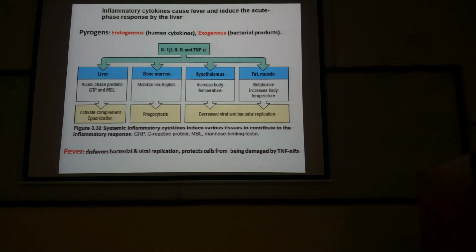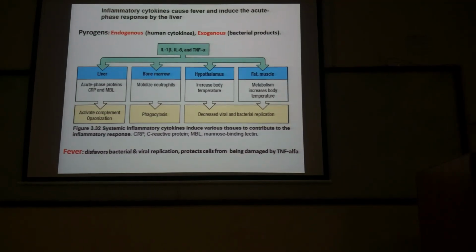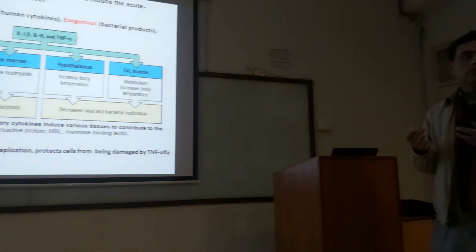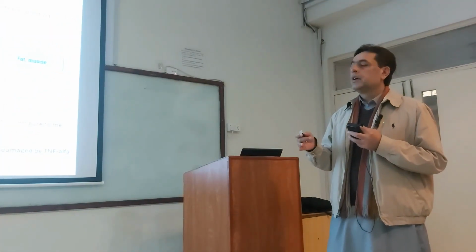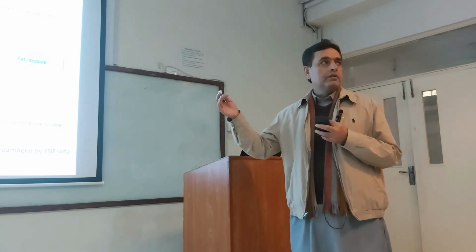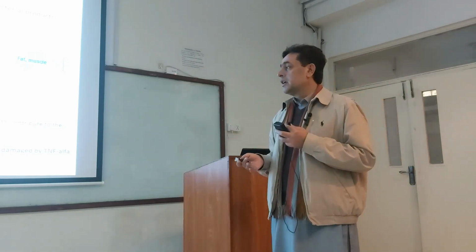Okay? And the neutrophils, you also know that they are not found in healthy tissues. Okay? Normally they are in the blood. But when there is some bacterial infection, the neutrophils are invited to the site of infection. They would go there. Okay?